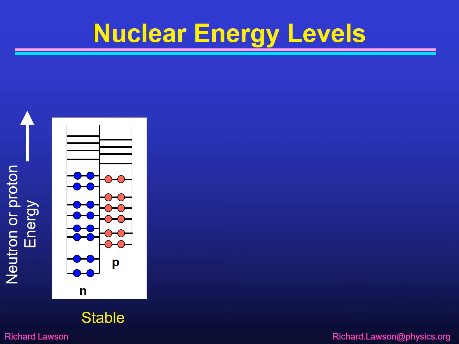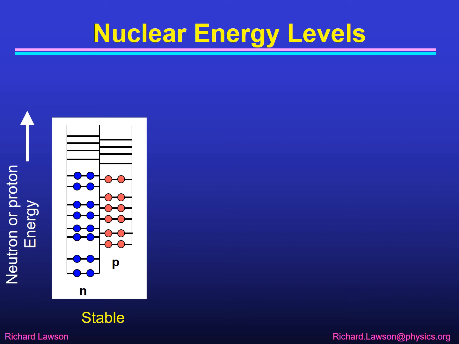So you would imagine that to have a ground state you would have equal numbers of protons and neutrons, but it turns out that it's not quite that straightforward, because the protons are positively charged. So although the protons and neutrons are both held together strongly by something called the strong nuclear force when they're close to each other, because the protons have positive charge, they tend to repel each other, so they're not bound as tightly.